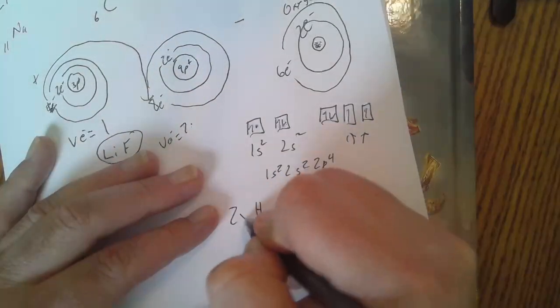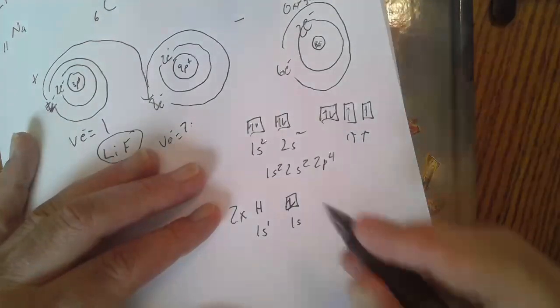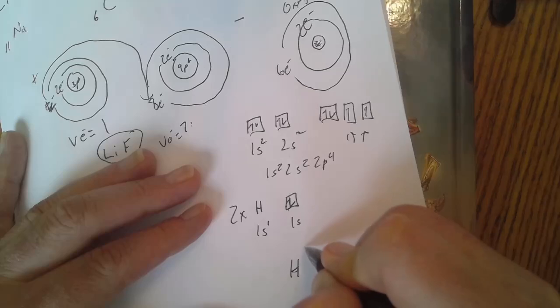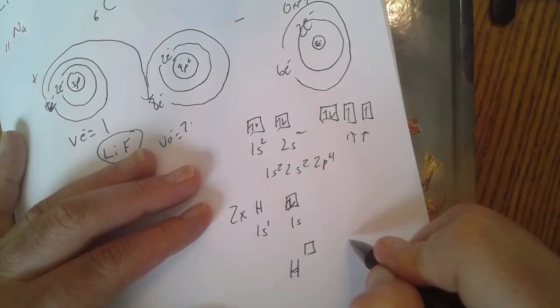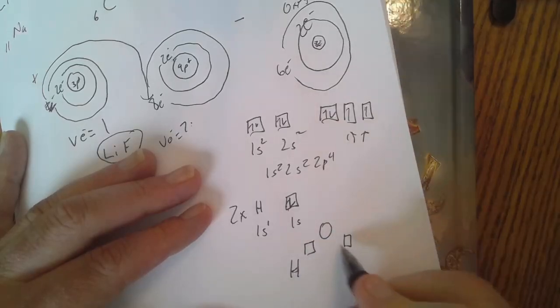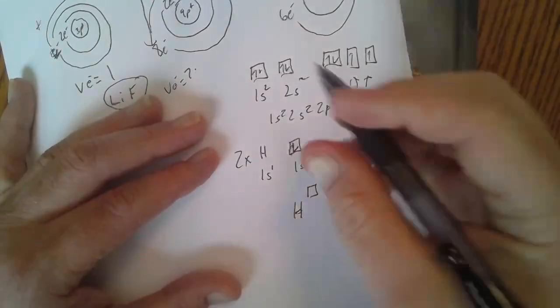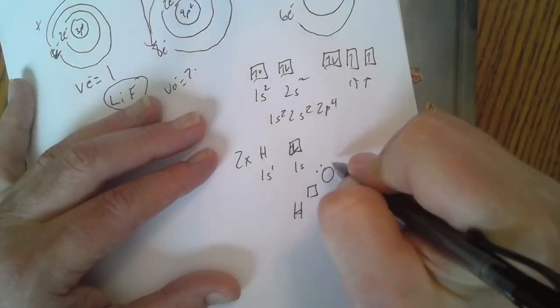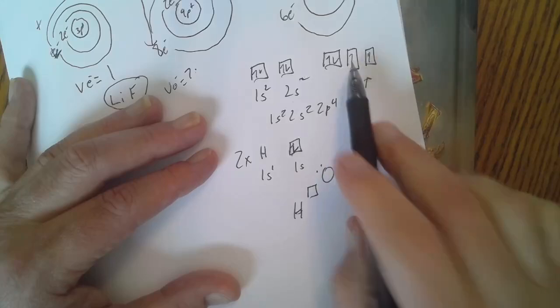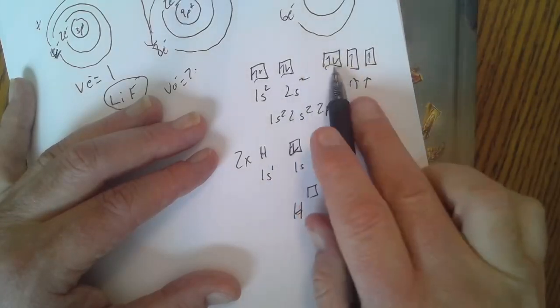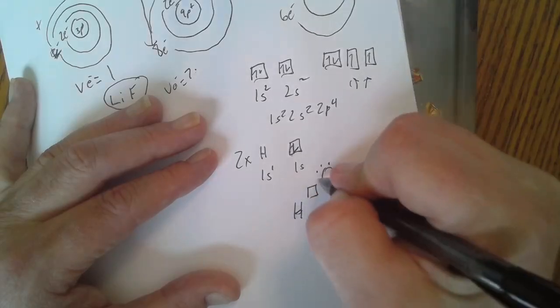If we have 2 of these, we can fit those in there. And what you're going to end up with is H, I'm just going to make this right here, here's the O, and here's the other hydrogen. Now we know that oxygen has 1, 2 from the S2, right? And then it has these 2 right here, which are also paired up. We call these lone pairs.